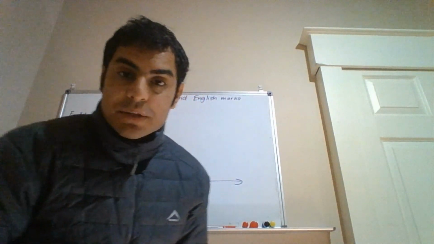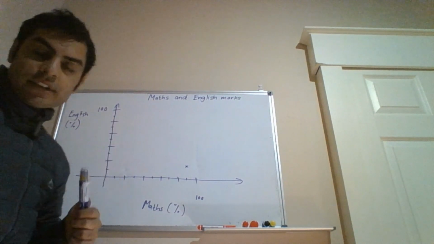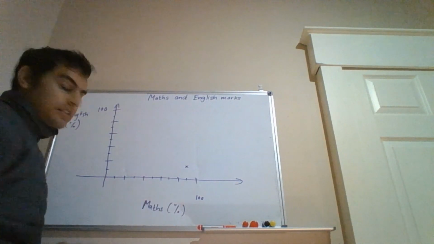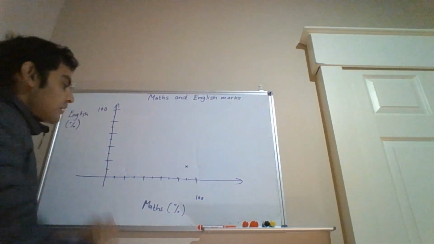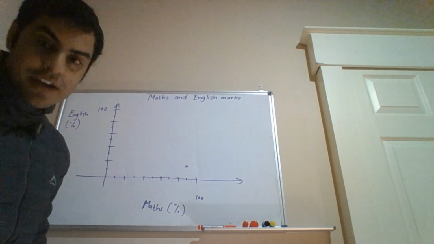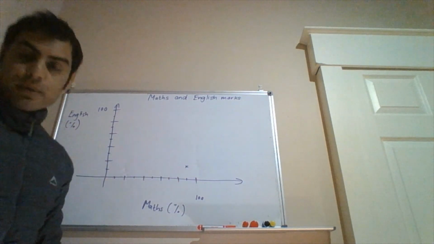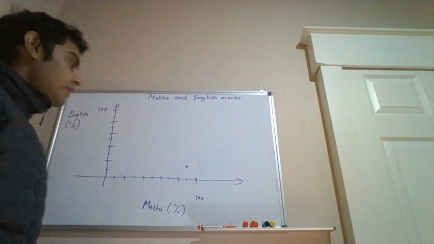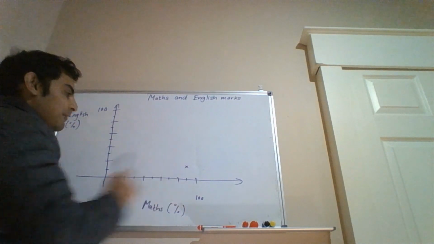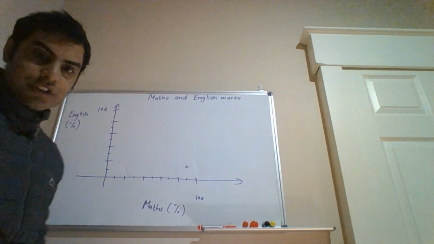This scatter plot is comparing the two variables, maths and English marks. The maths marks as a percentage are given on the horizontal axis, and the English marks as a percentage are given on the vertical axis. Let's look at this first point on the bottom right. It's telling us that this student got a 90 for maths and a 20 for English.